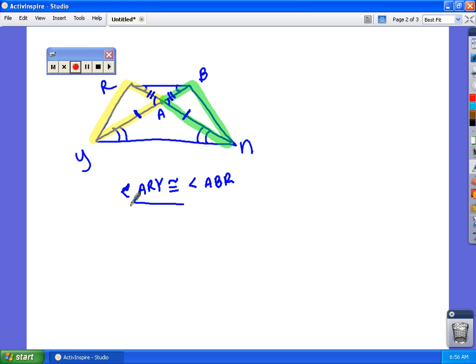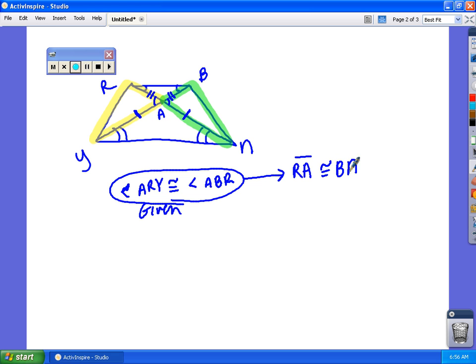So that's the given, and from that comes the reason that side RA is congruent to side BA. And that would be the converse of the isosceles triangle theorem. Because you're given the angles, you have to prove the sides.